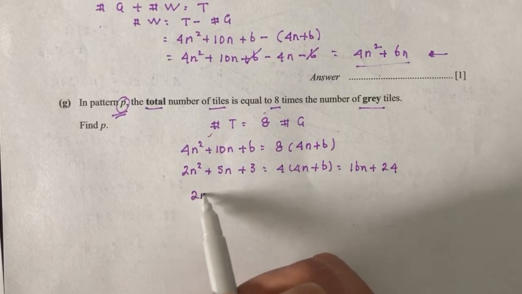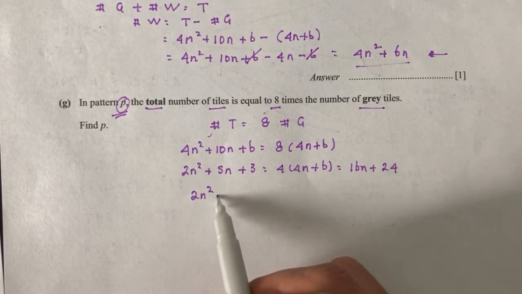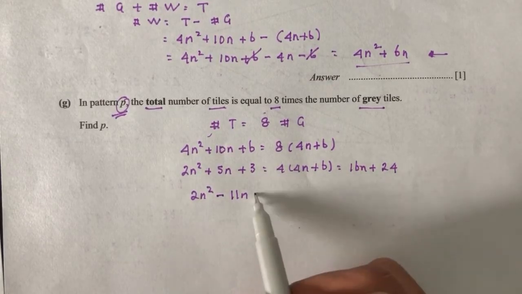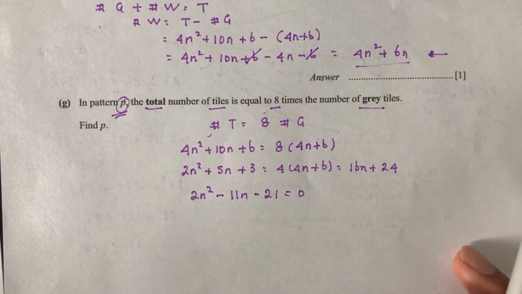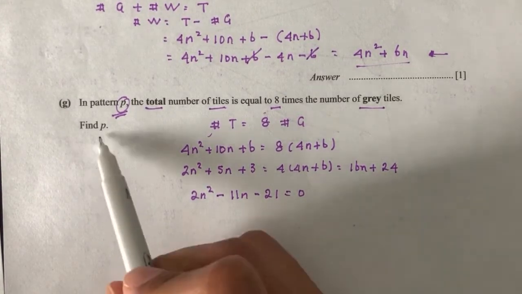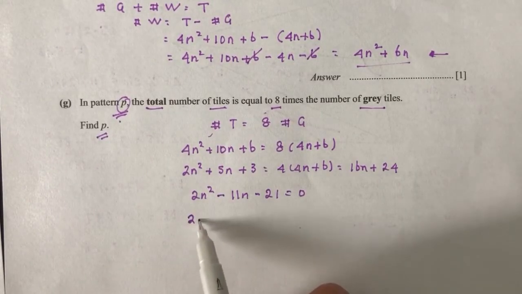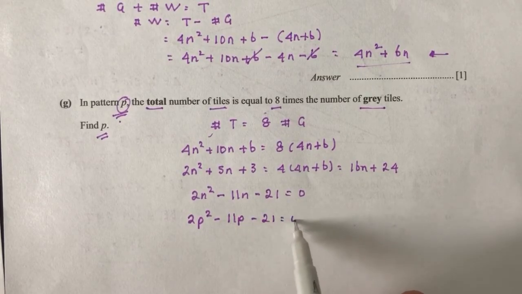Now let's simplify. 5n minus 16n will be minus 11n, plus 3 minus 24 will be minus 21, equal to 0. So we have to factorize this. That will be p, so we have to replace n by p. So the equation will be 2p squared minus 11p minus 21 equal to 0.